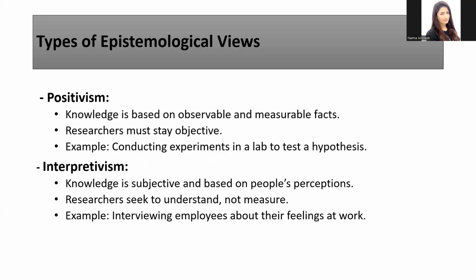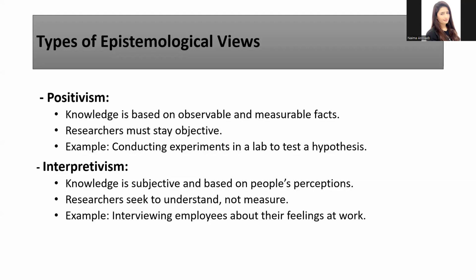In positivism, knowledge is based on observable and measurable facts. Researchers must stay objective. For example, conducting experiments in the lab to test hypotheses. And in interpretivism, knowledge is subjective and based on people's perceptions. Researchers seek to understand, not measure.